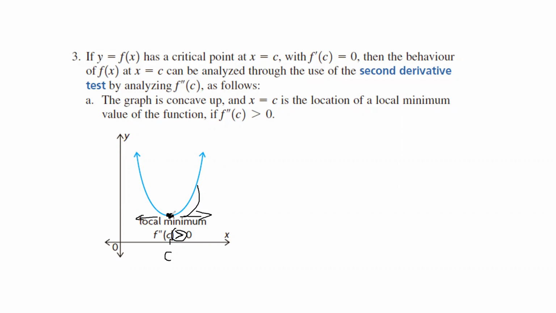Or we can say another thing: if we have a polynomial function of second power, like x squared plus x minus 1, and the second derivative is positive, it means it's going to be a parabola looking upwards.